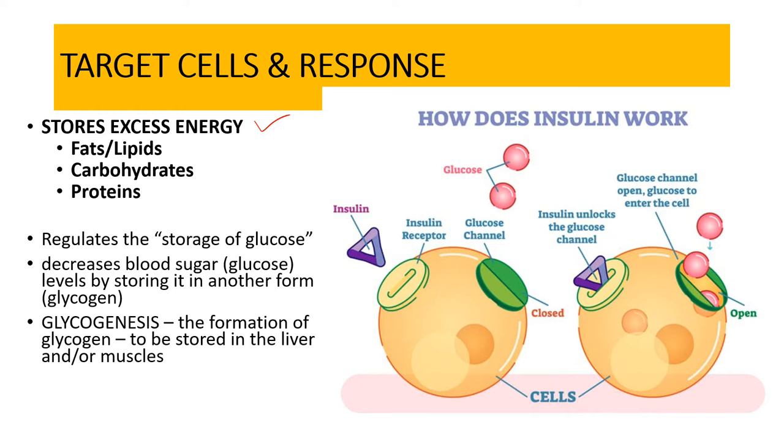Now, when we're talking about energy, this could be any of these energy producing macromolecules, such as we're storing fats and lipids, we're storing carbohydrates, which is the glucose, the one you're most familiar with, and we're also storing protein. So we're storing all of this because we're trying to keep glucose levels down, and any of these energy producing molecules are going to result in an increase in glucose. So we've got to get all of this stuff out of the bloodstream.